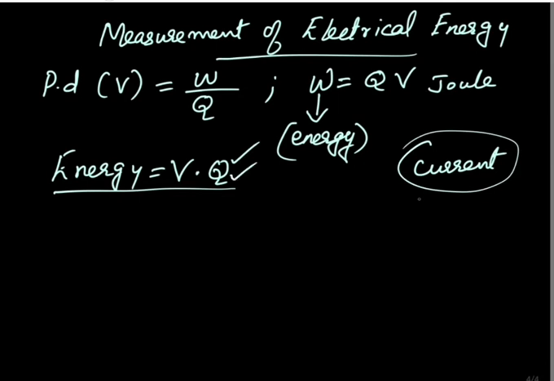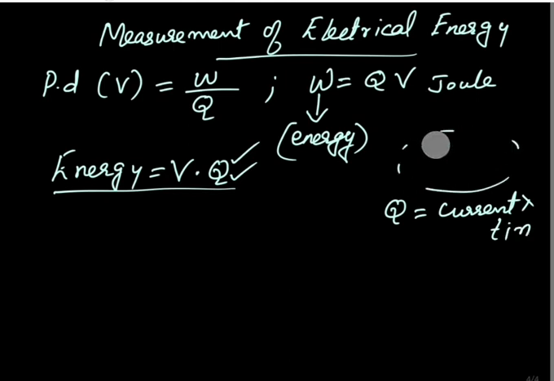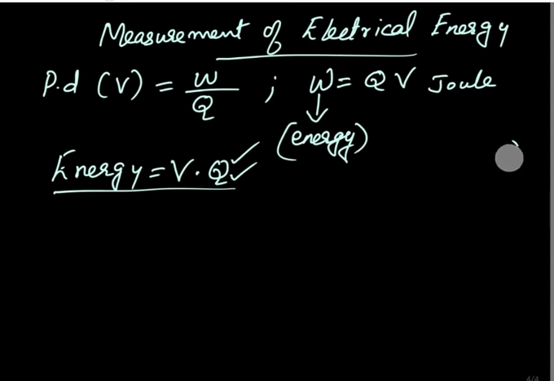For that, charge is equal to current multiplied with time. To understand better, we'll take the definition of electric current. We have learned that electric current is the rate of flow of charge, that is charge upon time, isn't it?